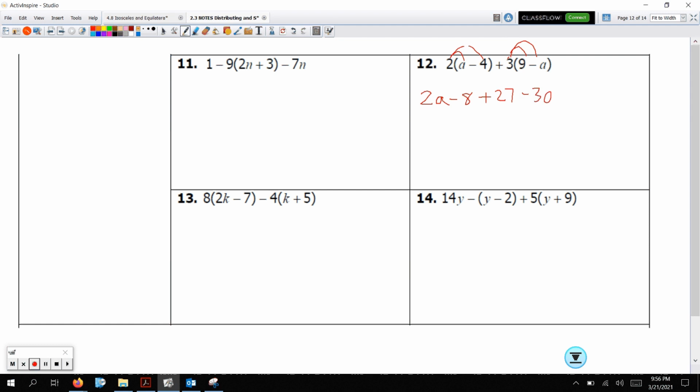Now, same thing applies, right? After I distribute, just combine like terms. Positive 2a and negative 3a. 2 minus 3 is negative 1a. Then I have negative 8 and positive 27. That gives me positive 19.